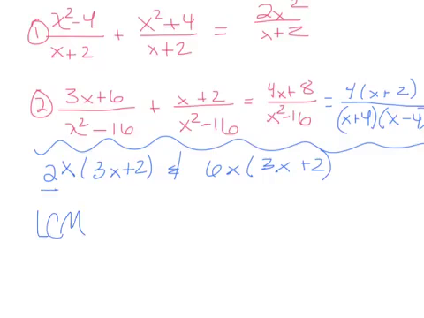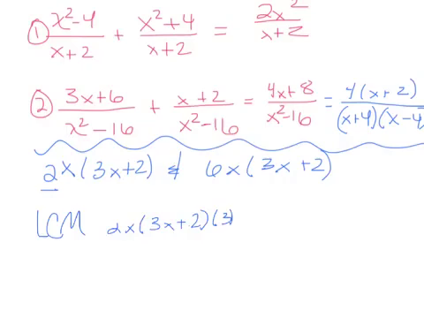On the left, I have a 2, and an x, and a 3x plus 2. To get to what the right equals, the only thing that I would need to do is multiply that 2 by a 3. So I just added in another 3. Once you are in completely factored form, you can find these least common multiples very quickly.